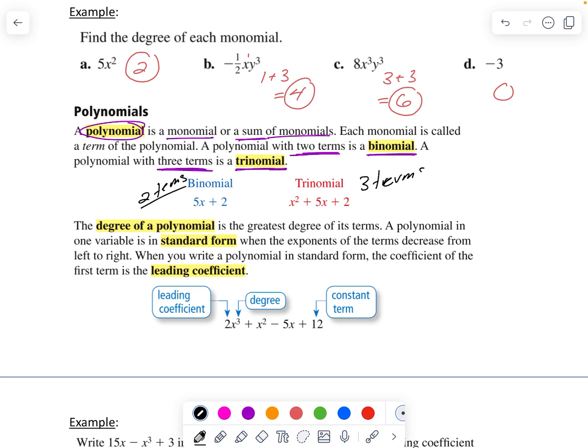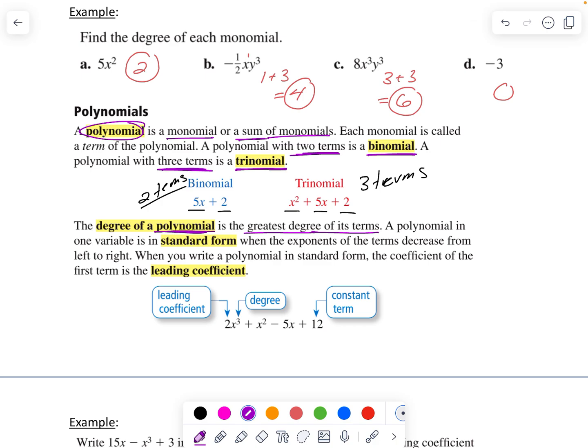And the terms are separated by addition or subtraction. So here's our 2 terms, and here's our 1, 2, 3 terms. Each term is a monomial, and they are separated by addition or subtraction. Some more terminology. So the degree of the polynomial is the greatest degree of one of its terms.